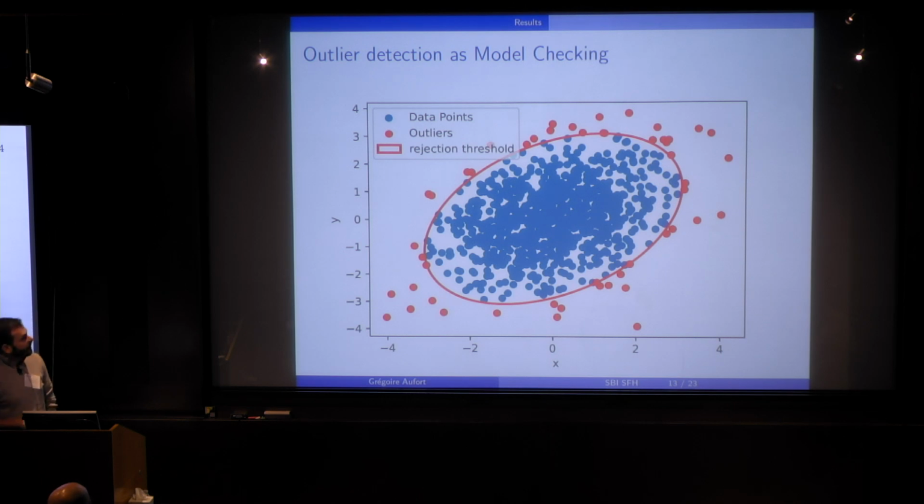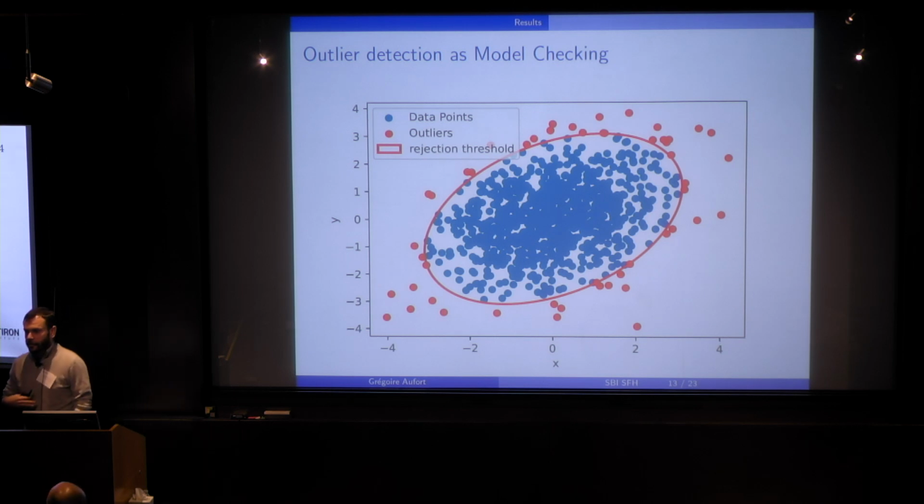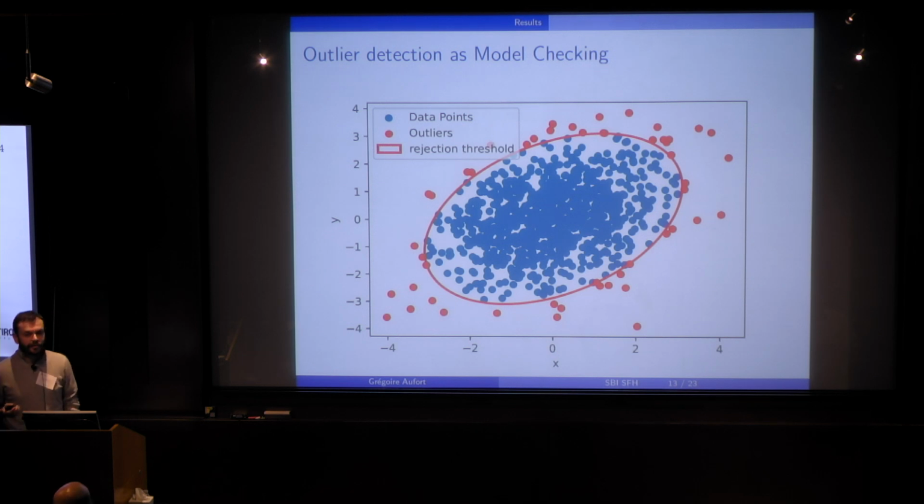But if you set it like that, it's clearly an outlier detection problem. So I have to set a rejection threshold and then say, OK, everything that's outside this region is too extreme, and I'm not satisfied with it. We've had some talks about outlier detection in this case. We have a lot of different ways to do that. We can define a bunch of statistics, and we have a bunch of different algorithms.